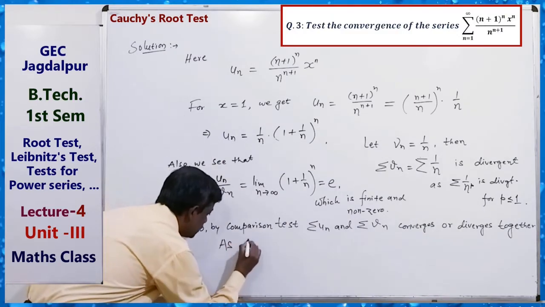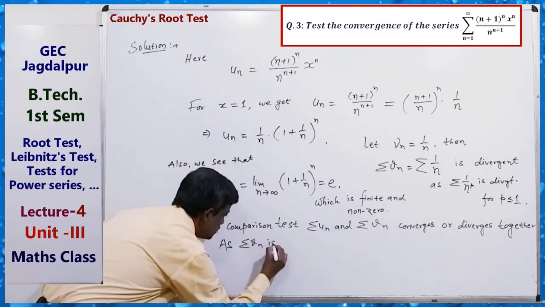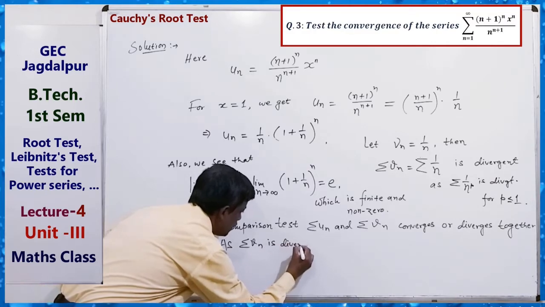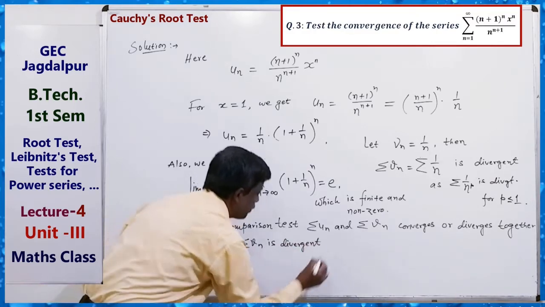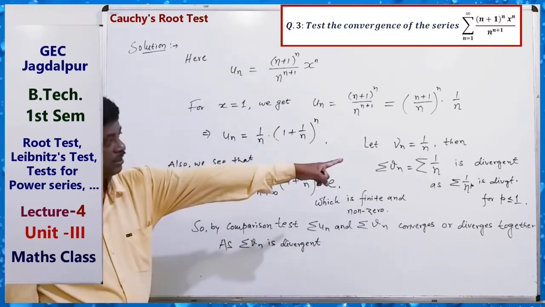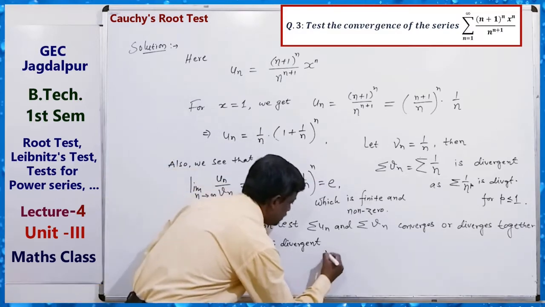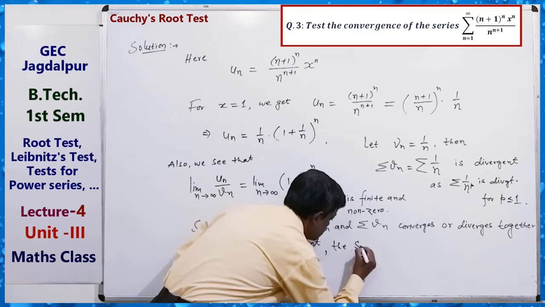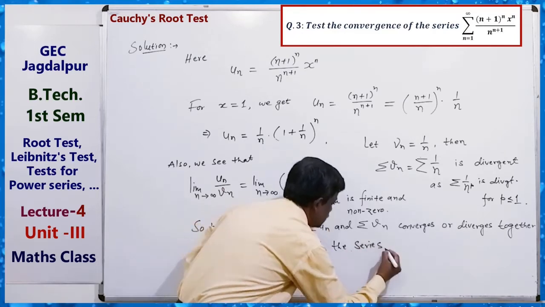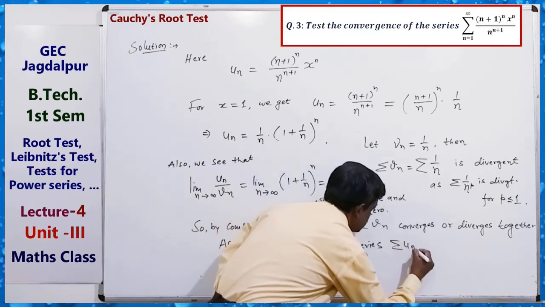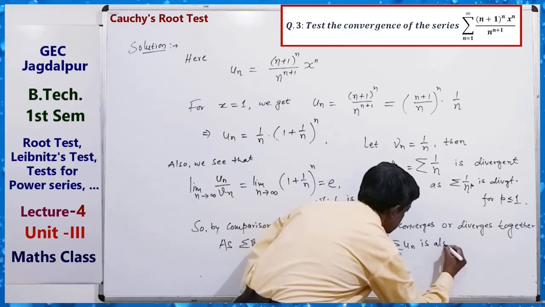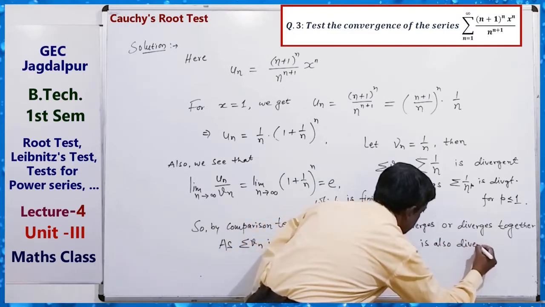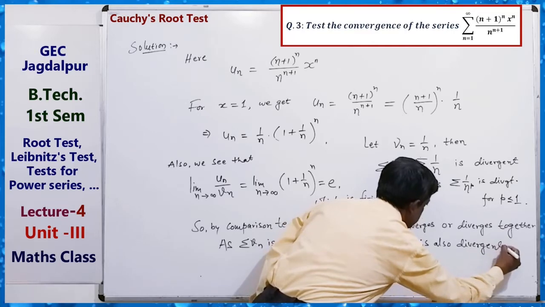As summation vn is divergent, the series un is also divergent.